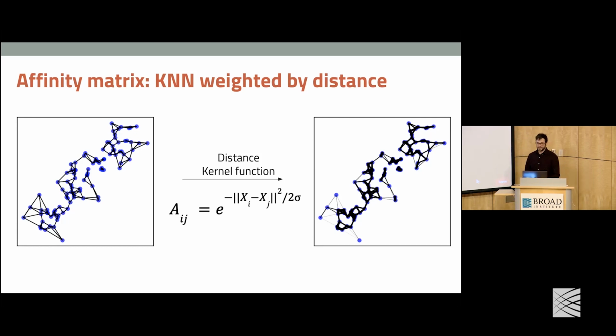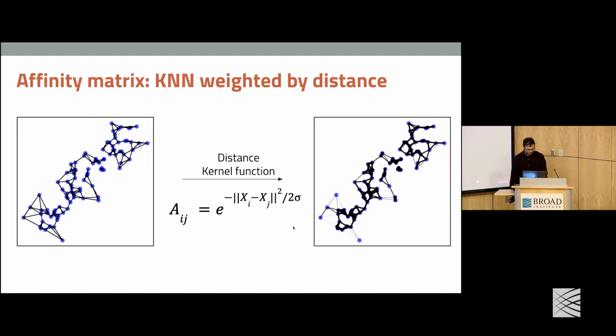So the most commonly used one is the Gaussian kernel, which I'm showing here, which essentially for 2 points that are identical, so if x_i equals x_j, you would get a 1, and it decays exponentially from there towards 0. And how quickly it decays is determined by a parameter, sigma, which is a bandwidth that I'm not going to talk much about here, but it determines how quickly the affinity decays with the distance.